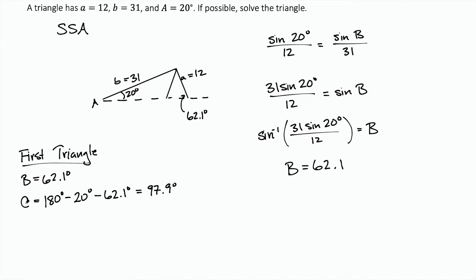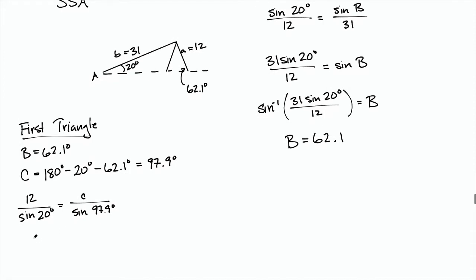I've got now all my angles, and the last thing I need is my side length C. And so I'm going to use my law of sines, 12 over the sine of the angle A, 20 degrees, equals the side length C over the sine of the angle C, 97.9 degrees. And so to get that side length C, we multiply by the sine of 97.9 degrees.